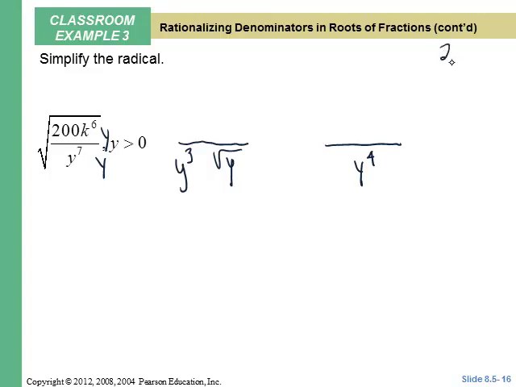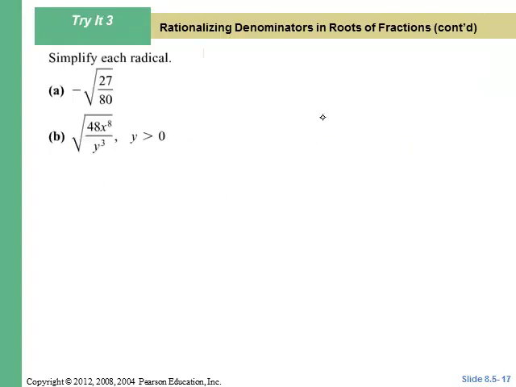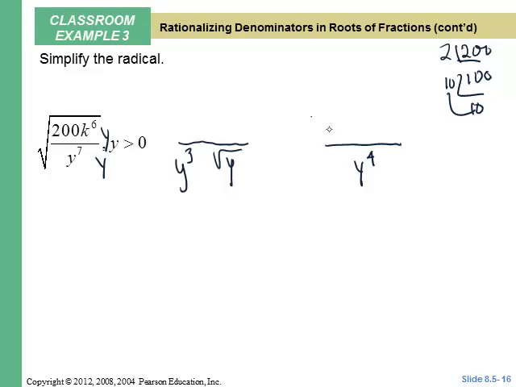Square root of 200 is 10 on the outside, a 2y on the inside, and then this will be k to the third, because half of 6 is 3. 10 k to the third root 2y over y to the fourth.